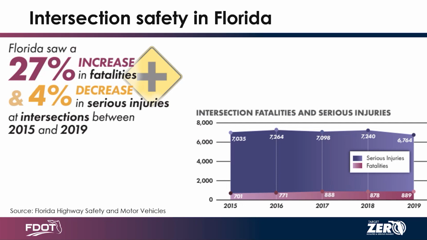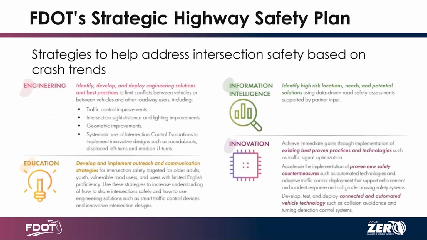And so what we're seeing is that intersections are a challenging point. That goes into the next slide, which is the FDOT's Strategic Highway Safety Plan. The FDOT SHSP has different categories to help address intersection safety based on crash trends.